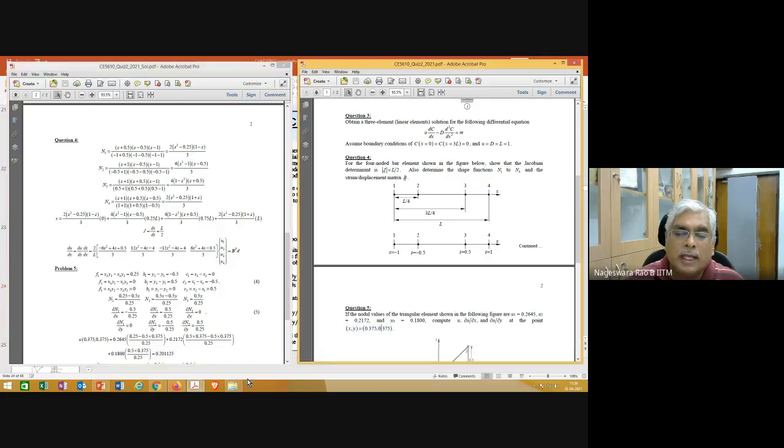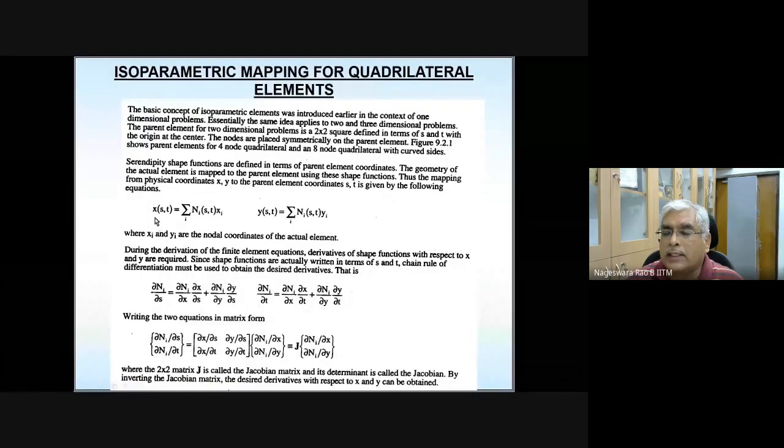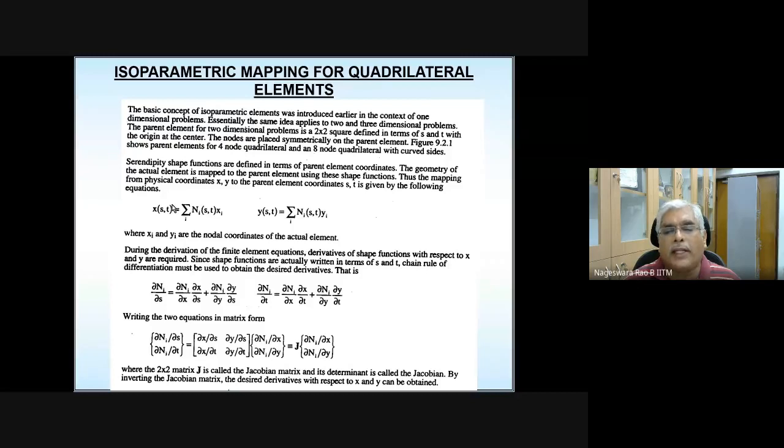So now the same thing for the two-dimensional case: x, instead of being a function of s alone, is going to be a function of s and t. x as a function of s and t is equal to sigma Ni xi. Ni is now going to be a function of s and t.